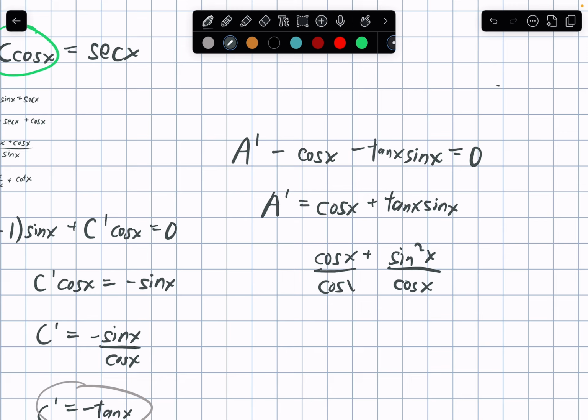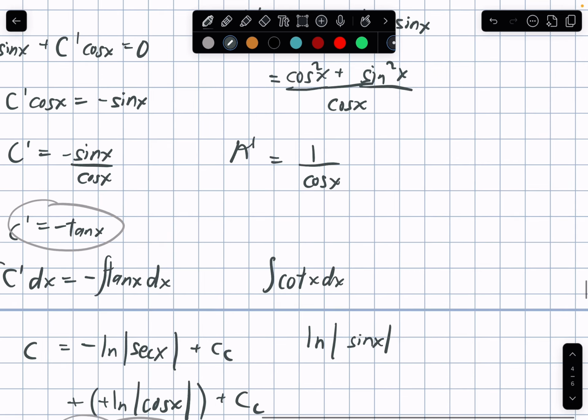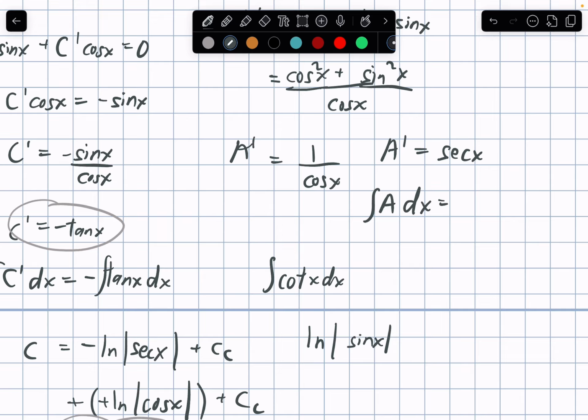I don't want to write it fast. If you put cosine here, this becomes squared. Put them together. Okay, 1 over cosine x. Beautiful. A prime is equal to secant x. Okay, integrate now.